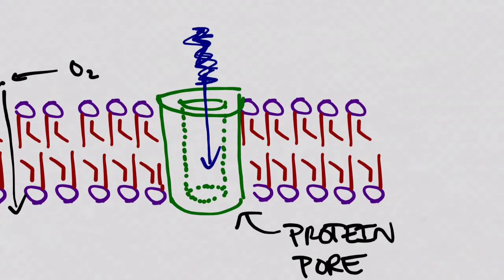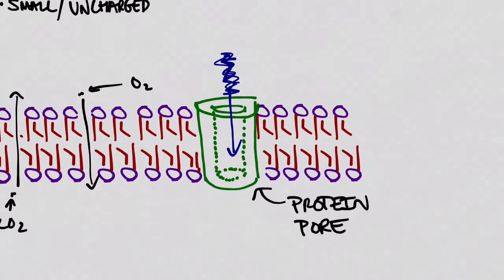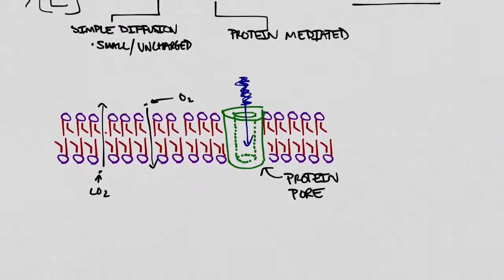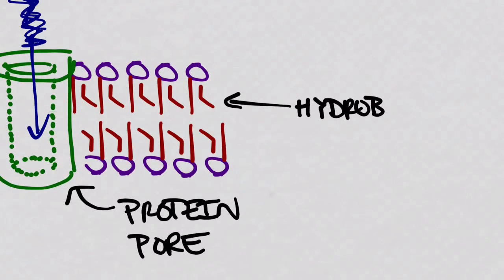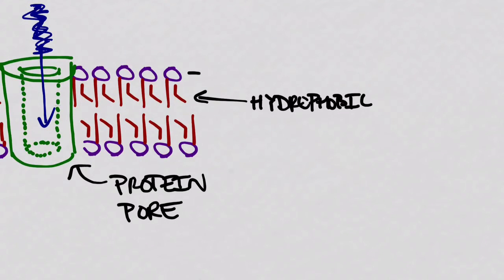It can move through this protein channel or protein pore in the membrane. I would draw your attention again to the membrane itself. Remember that we have this hydrophobic interior. Those long hydrocarbon chains are hydrophobic, and we also have our phosphate heads, which are very hydrophilic.